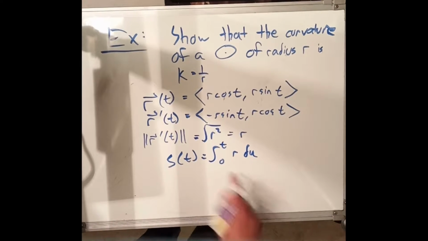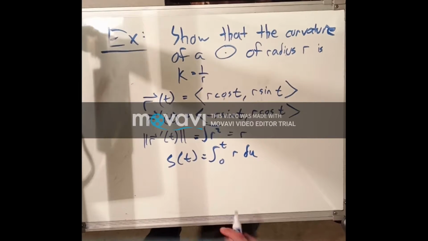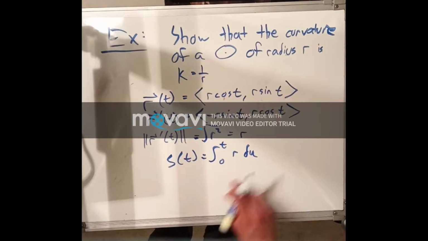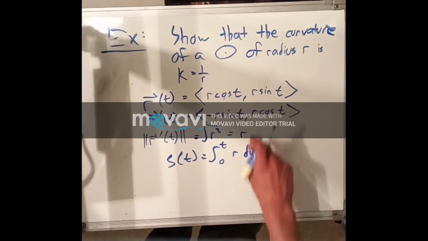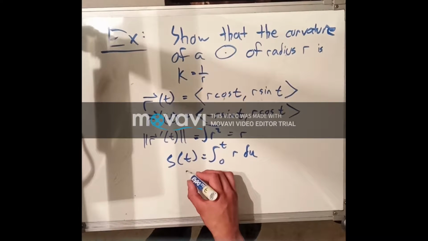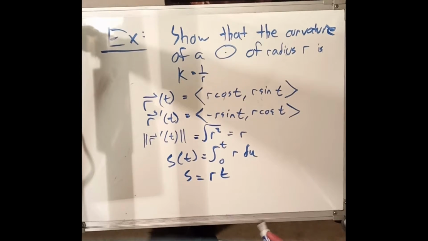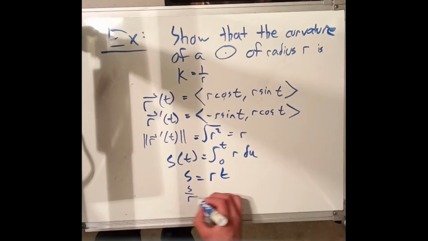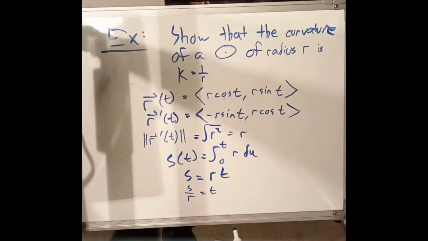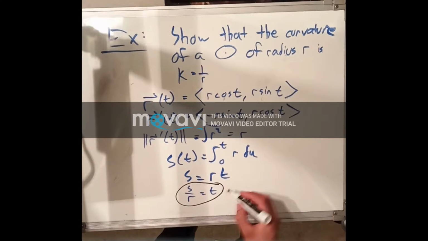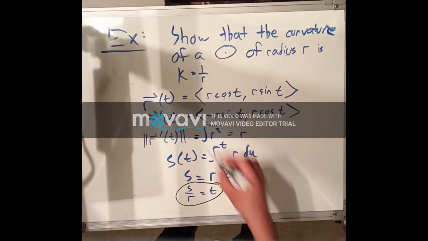You can pick any starting point; 0 is convenient. This will give you the arc length in terms of the parameterization t with respect to the curve. Once we integrate, we find that s is equal to rt, so s over r is equal to t. Taking this, we plug our unit speed back into the original equation.